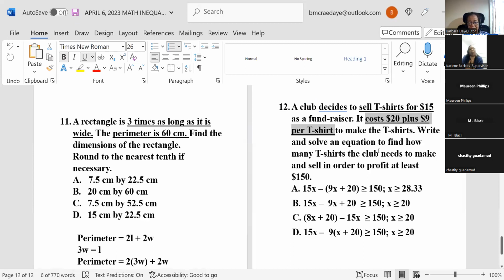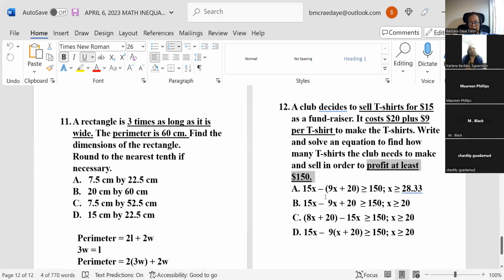So in all it costs $29 just to make one t-shirt? No, no. It's $20 plus $9 to make the shirts. No, the 20 is a fixed cost and the 9 is a variable cost per t-shirt.